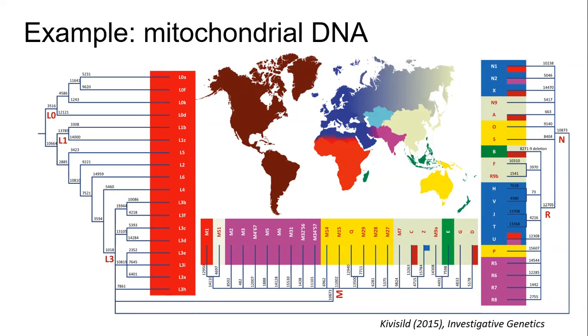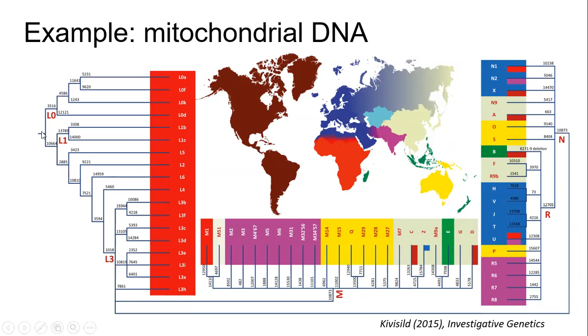So the variations that we use to group people by their mitochondrial DNA aren't necessarily going to give them any health benefits or deficits. Basically, almost all genetic variation has no effect. That's the weird thing. So we can use it to understand the history of a species or of a population, but it doesn't actually affect their biology.